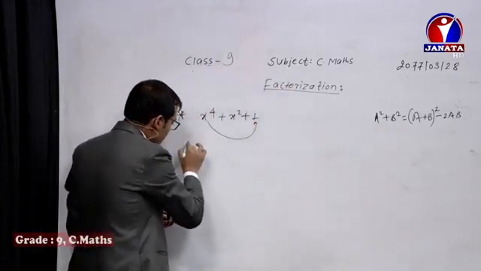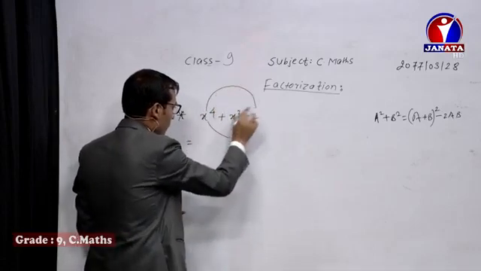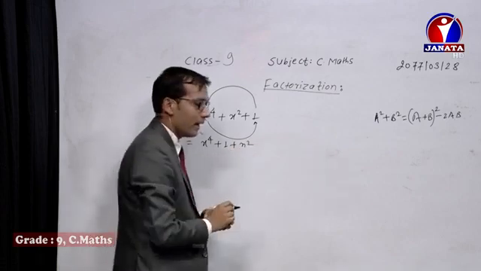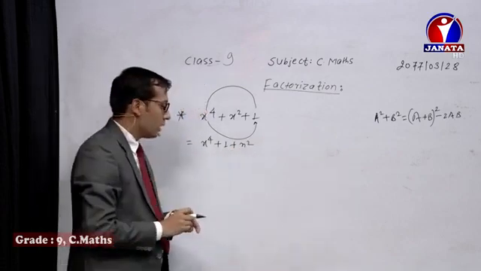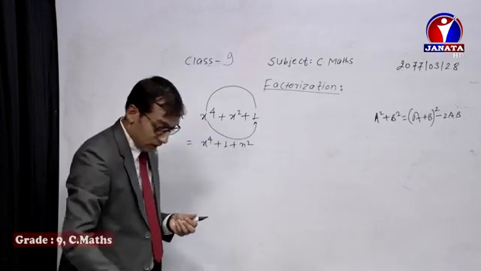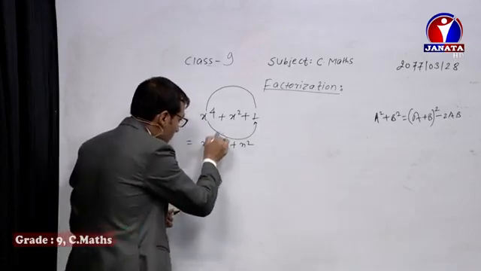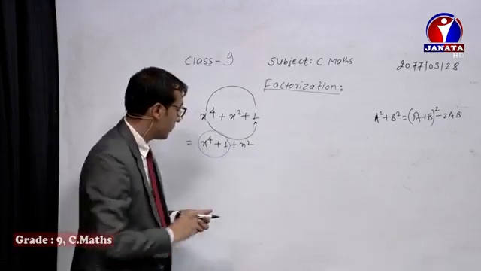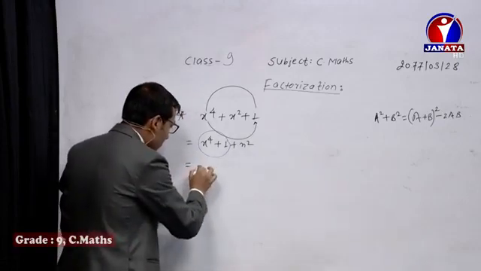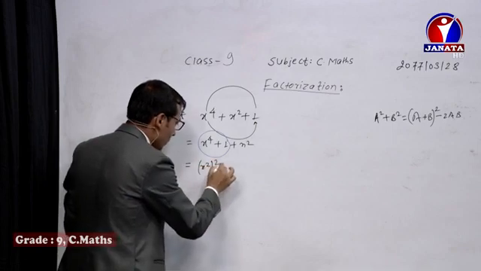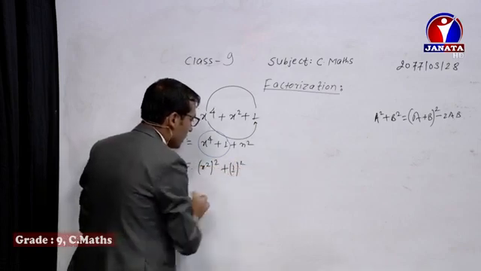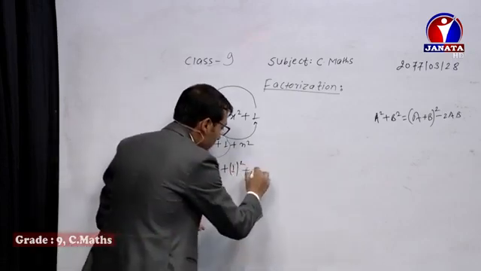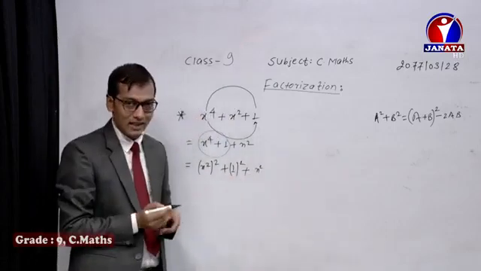So I am arranging the first term with the third: x to the power 4 plus 1 plus x square. Let's convert the first two terms into a square plus b square form. How do we convert? X to the 4 is x square whole square, plus we can write 1 square, because 1 square is 1, plus the last term as it is.